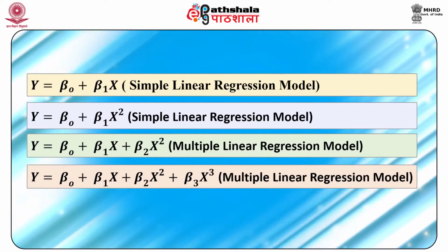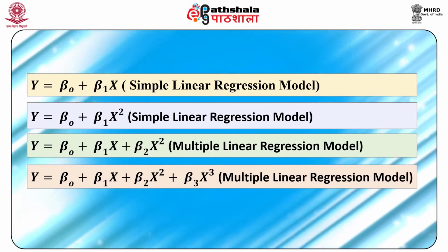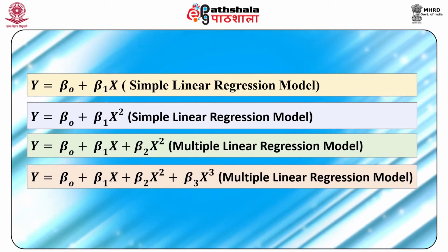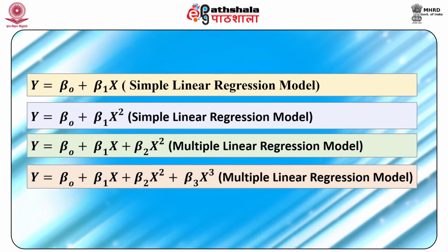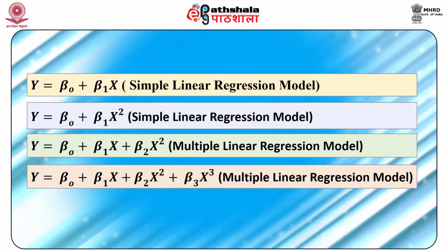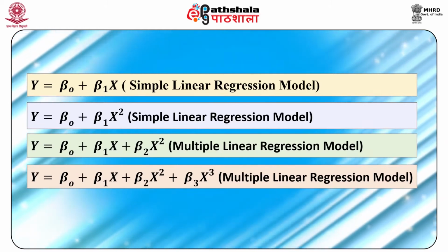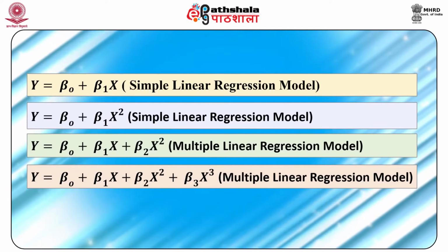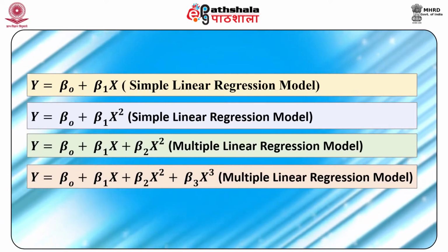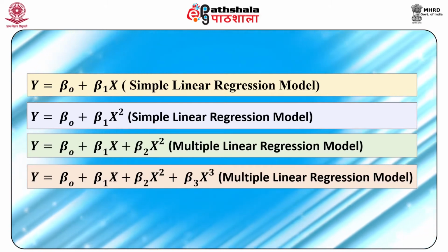Now this is also an example of a linear regression model but is known as a cubic regression model. If I also express y is equal to beta 0 plus beta 1 x1 plus beta 2 x2 plus beta 3 x3, then also we have an example of a multiple linear regression model, and the power of all the parameters in this case is equal to 1.